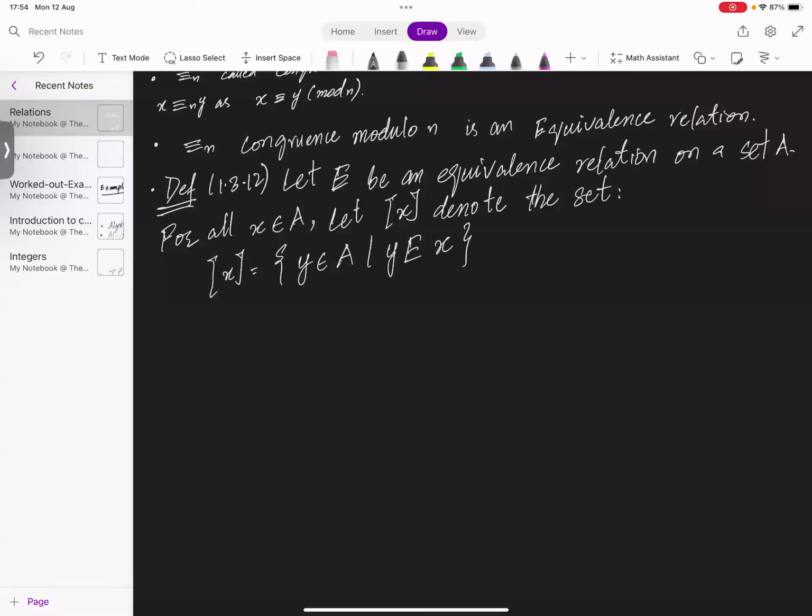Then this set is the equivalence class for that relation with respect to E, determined by x.